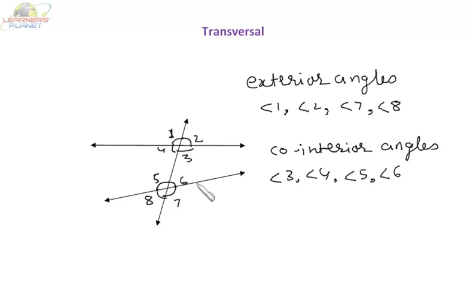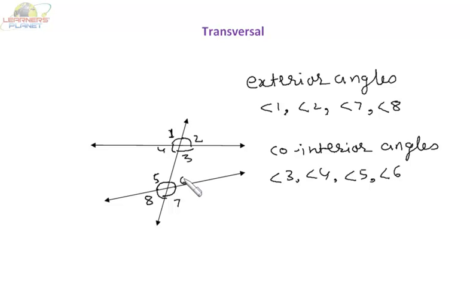These are lying between the lines, so we call them co-interior angles. Angle 1, 2, 7 and 8 are lying outside the lines, and angle 3, 4, 5, 6 are lying inside the lines. So angle 1, 2, 7, 8 are called exterior angles since they are lying outside the lines, and angle 3, 4, 5, 6 are called co-interior angles since they are lying inside the lines.